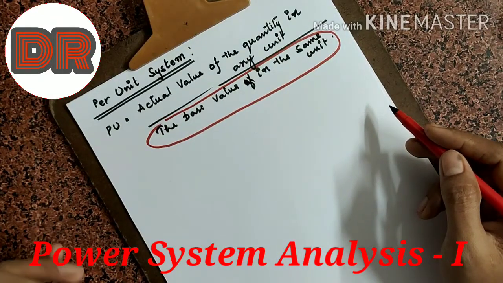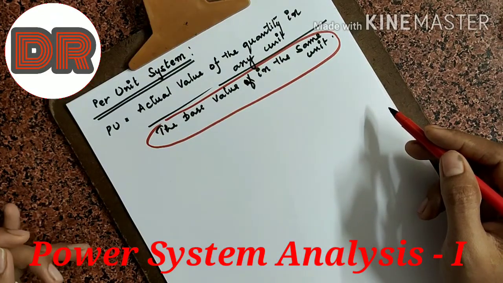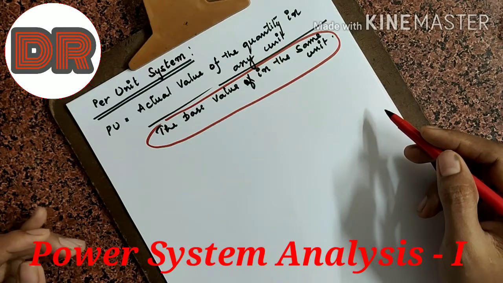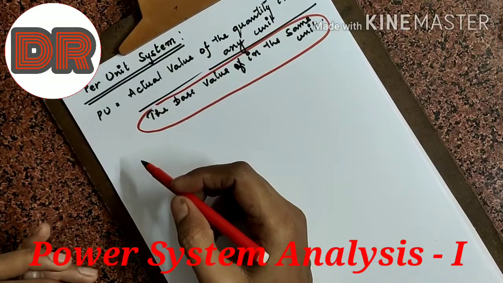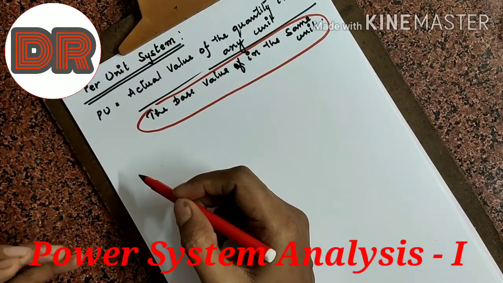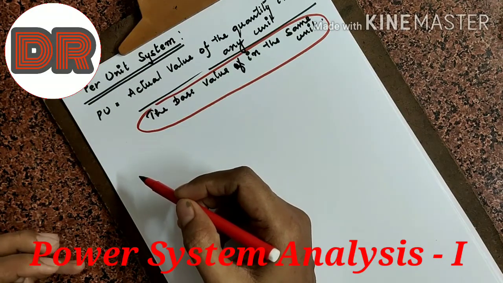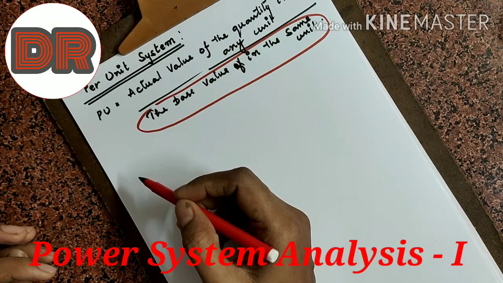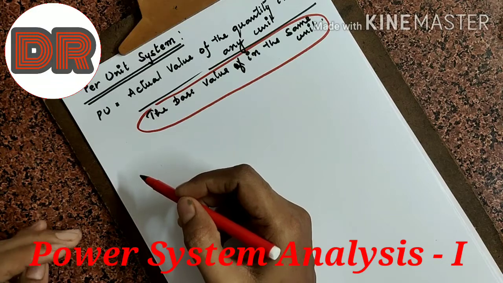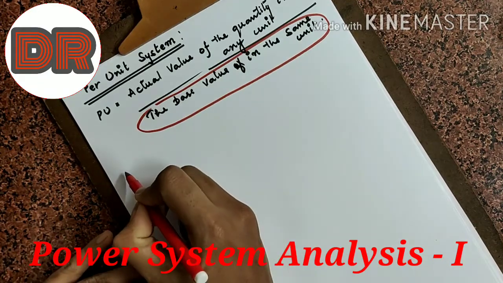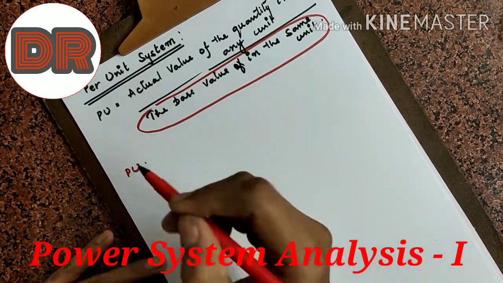Normally in the numerical, the base quantity will be given, so you can easily find out the per unit value of any quantity. And in the previous video, I gave examples of how to calculate the per unit quantity of current or voltage or any other parameter. So today we'll see how to apply the per unit system to a single phase circuit.